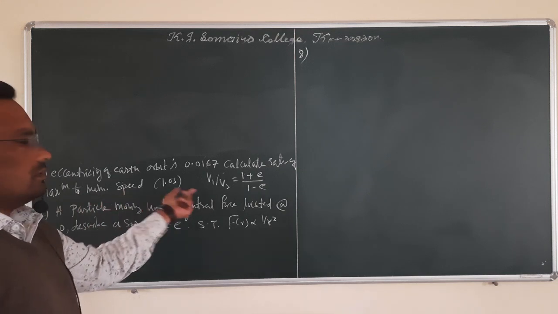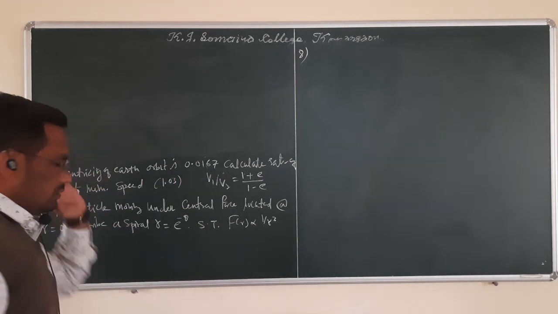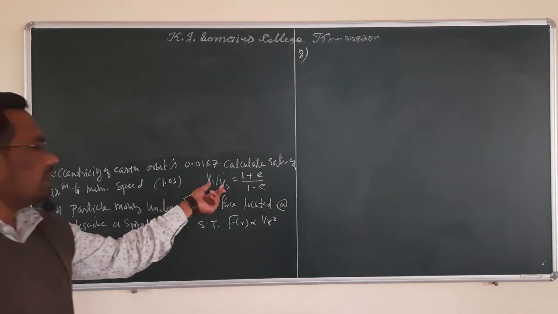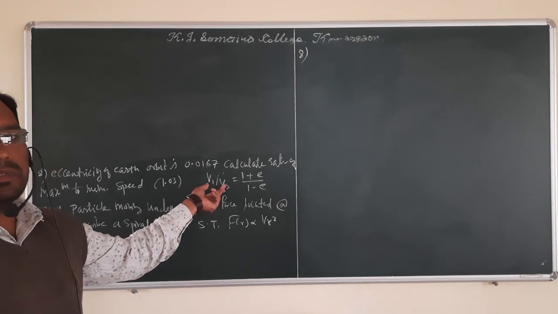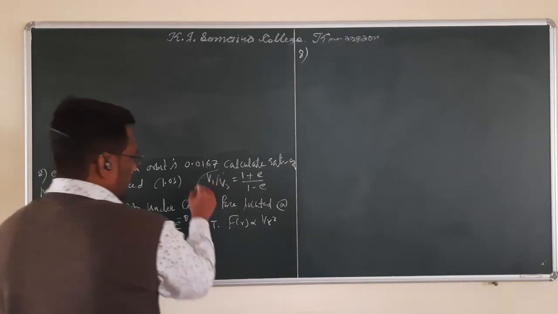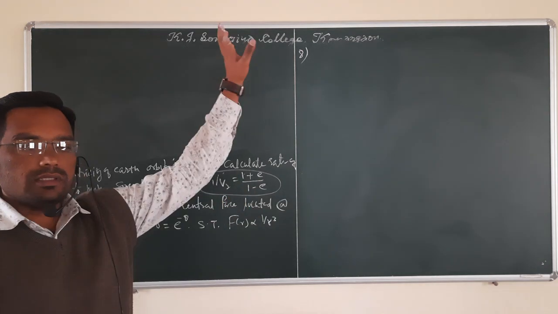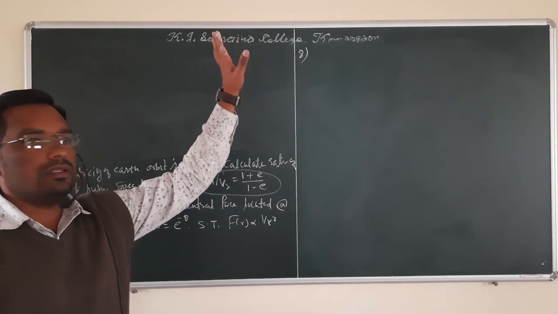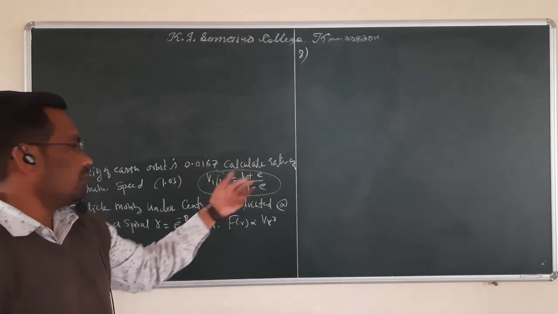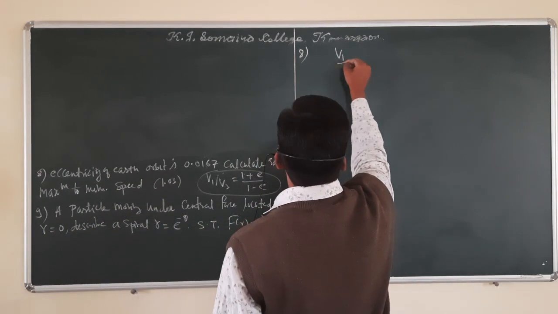We already solved a problem on Kepler's second law, and from that problem v1 and v2 are maximum and minimum speeds. So we already know this formula, we derived this formula. Up to derivation of that formula, use that problem number, I think 3. By using that problem number 3, you solve up to here, and using v1 upon v2.